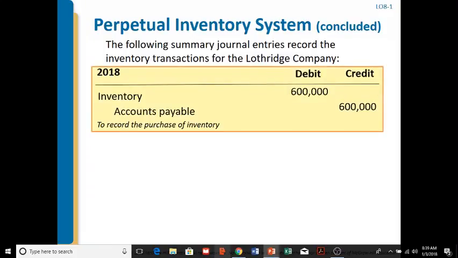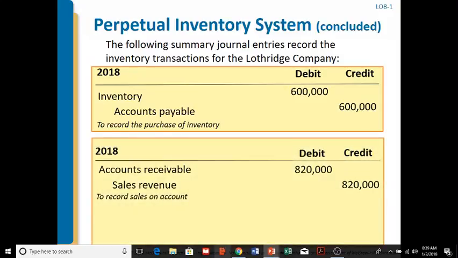And so certainly when they purchase inventory, they're going to debit directly to the inventory account, and assuming they're purchasing this on credit, the corresponding credit is to accounts payable.